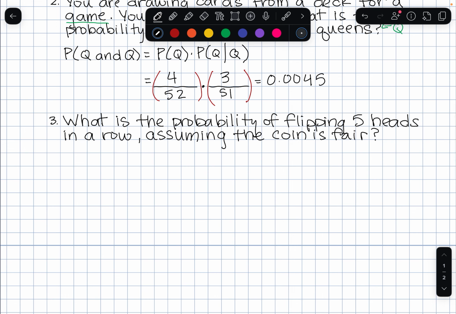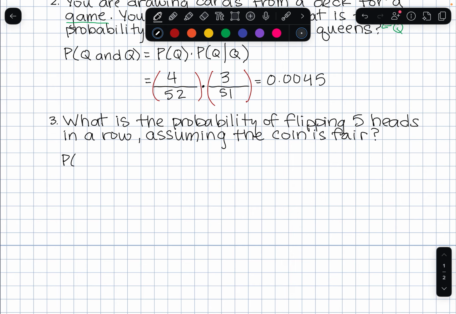For the third example, it says, what is the probability of flipping 5 heads in a row, assuming the coin is fair? If our coin is fair, that means that heads and tails are equally weighted. So I expect that on each flip, it's going to be 50-50.